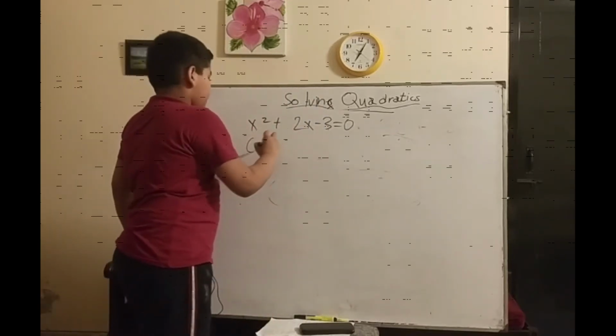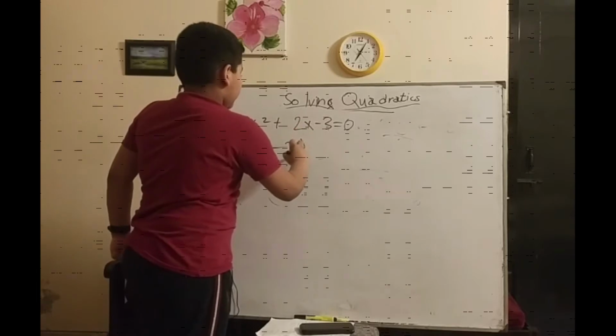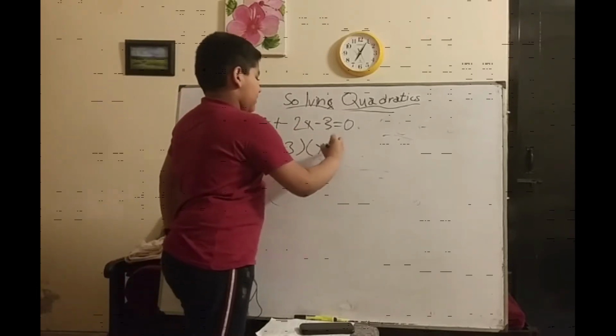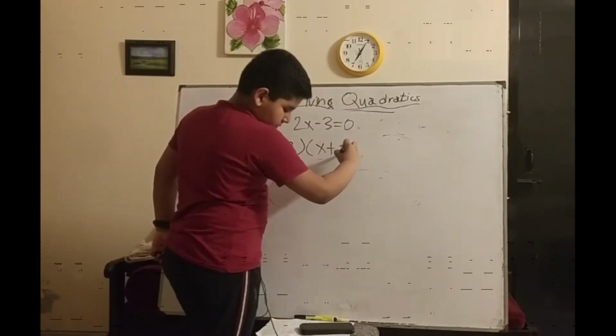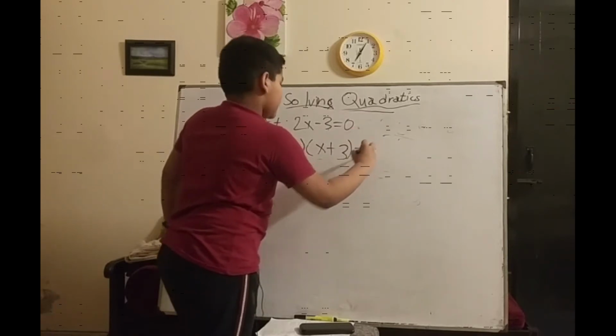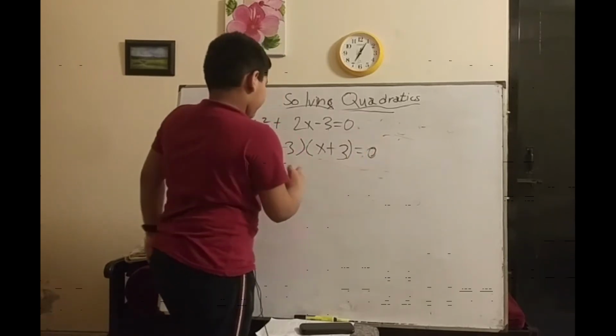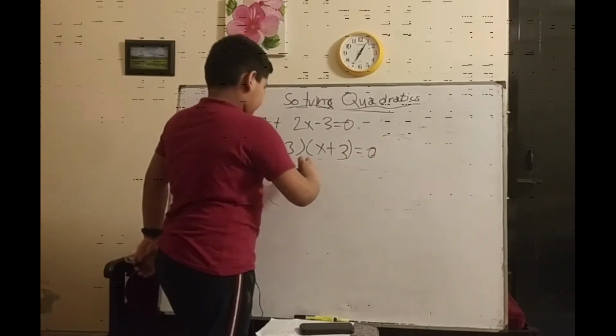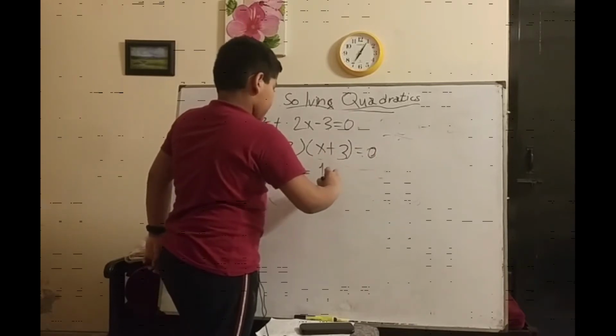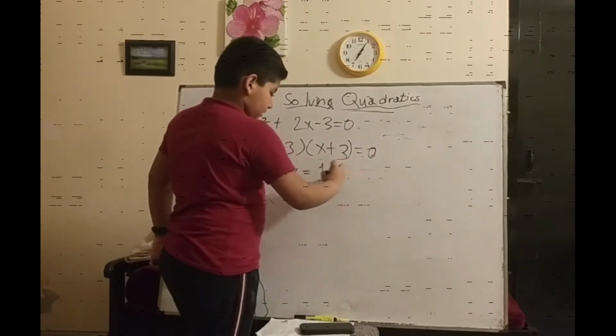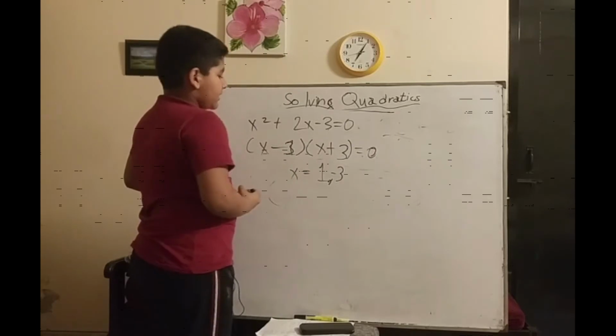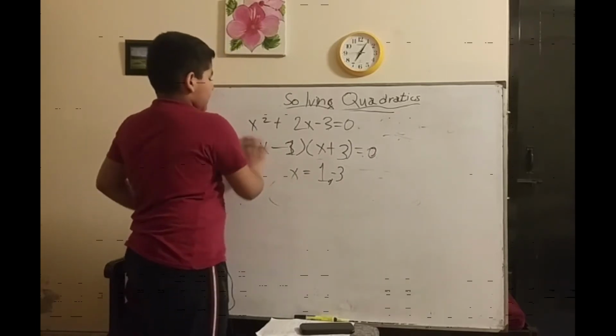Learning about factoring, we know that this we can do. What we can do is this, and then we can get x equals 1, negative 3. But we have to use the quadratic formula.